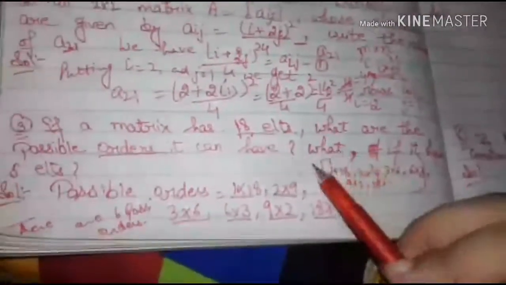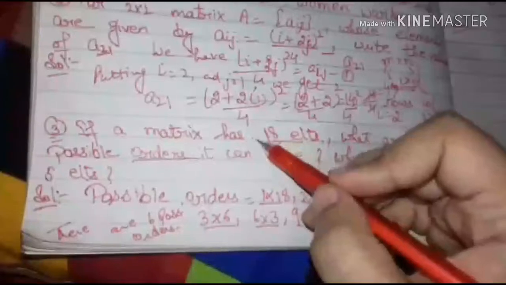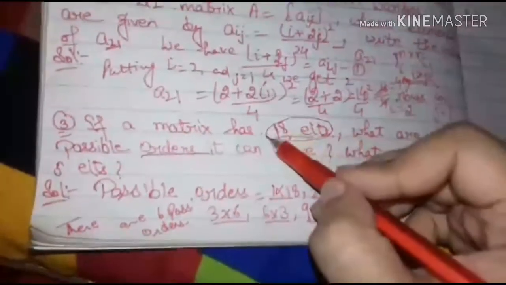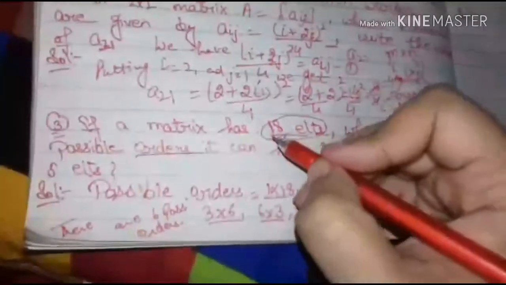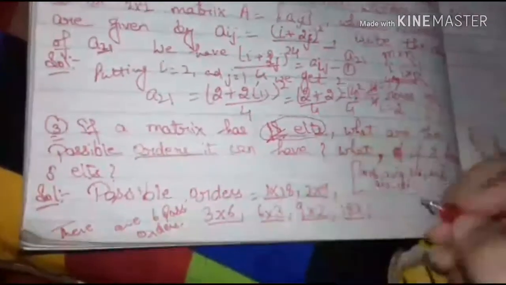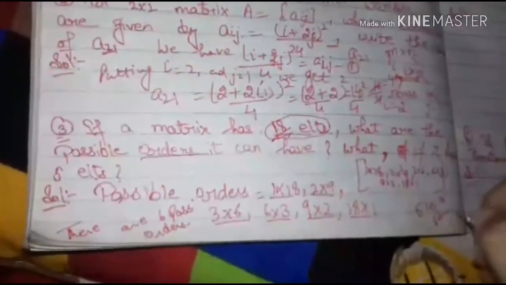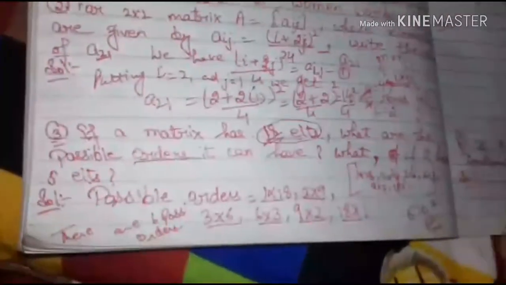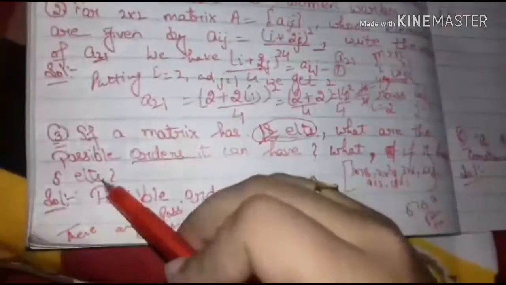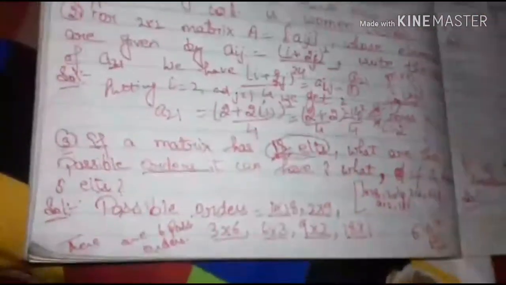Now the next question is, what if it has 5 elements? If we have 5 in the place of 18, as we know that 5 is a prime number, so it can have only the factor with 1.